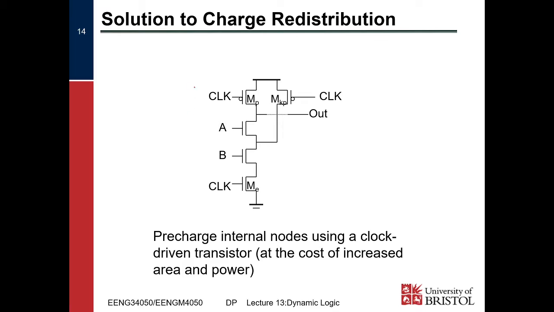We do the same thing as we did with the output node when it was just leaking, except instead of having a keeper transistor, which when we're evaluating it'll still be pulling it up, instead we just pre-charge this parasitic capacitance, CA, up to VDD when the clock is low through this pull-up transistor, and then that transistor turns off when the clock goes high, and then this node can be discharged along with the output if need be, right?